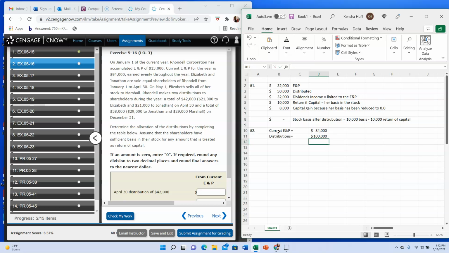What happens is distributions are treated generally as coming from current E&P, but since the distribution is more than current E&P, then you have to split it between the accumulated and current.